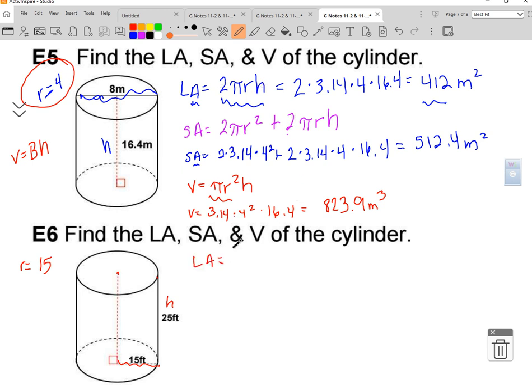2 pi r h. 2 times pi times the radius times the height. 2 pi r h.